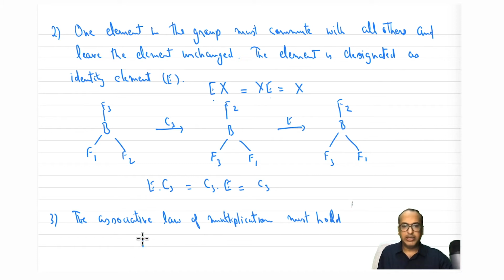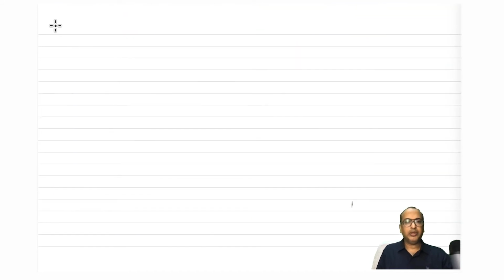So this we have already seen that the symmetry operations do follow the associative law of combination, right? In the last class we have seen that. So this must hold, and that holds for symmetry operations. So again, this can be tested out easily.